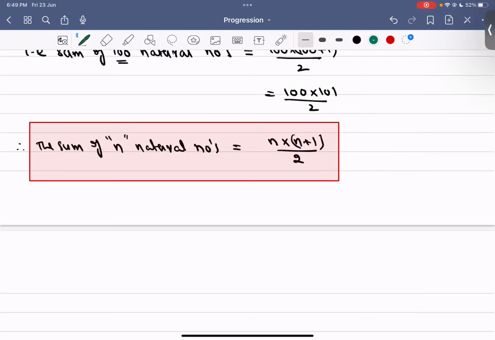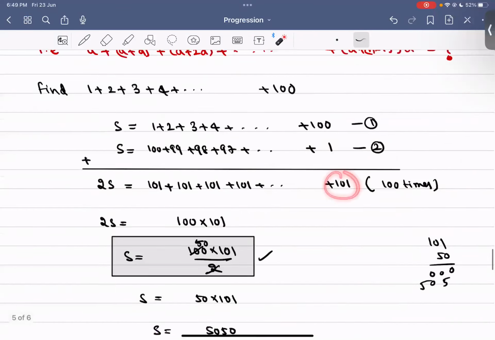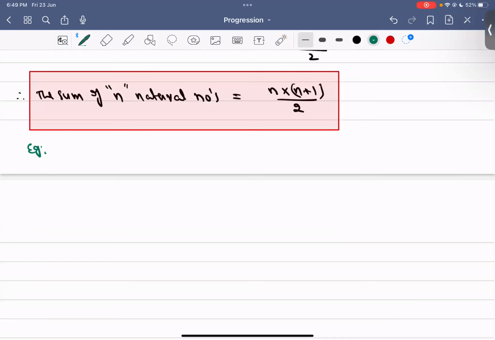Just we will check with an example for the sum of 6 natural numbers. The sum of 100 we have already seen. Now find the sum of 6 natural numbers.